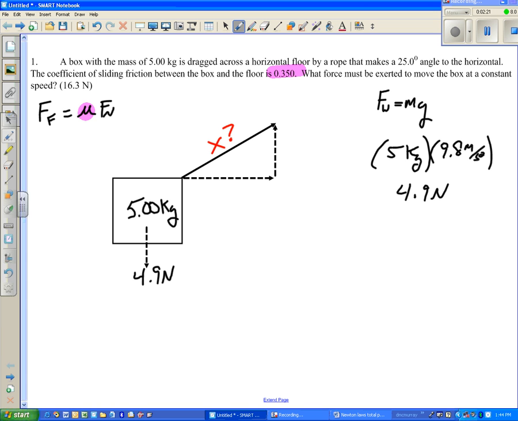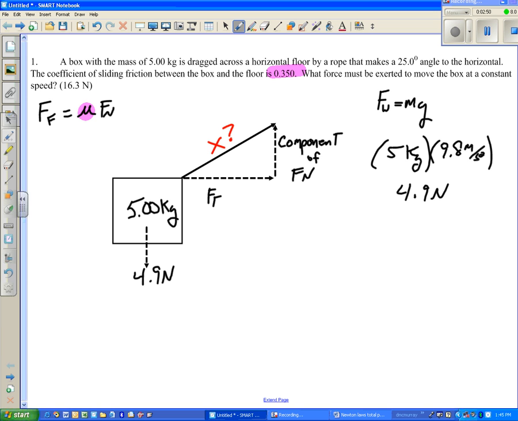So we have 4.9 newtons in that direction, and then we also have another dimension going on here, which is the component of Fn. And this is going to be right in the same vein as any other question we did involving a level surface and friction. Therefore, the adjacent leg of this triangle I've drawn is our FF.